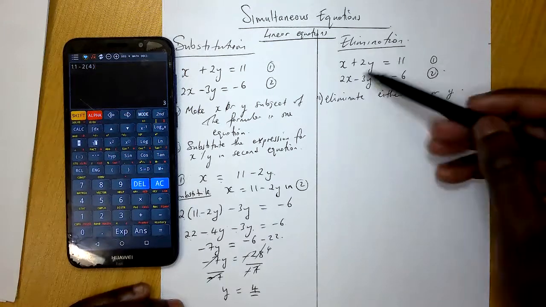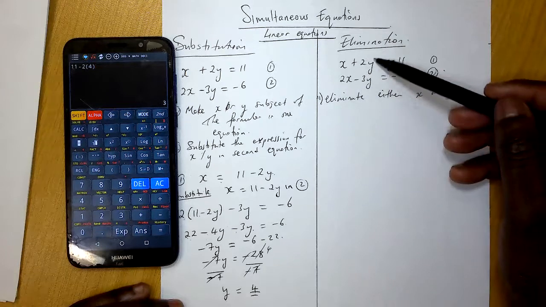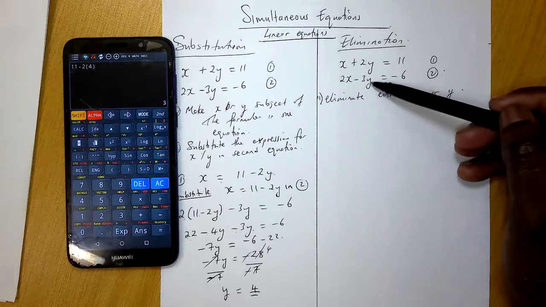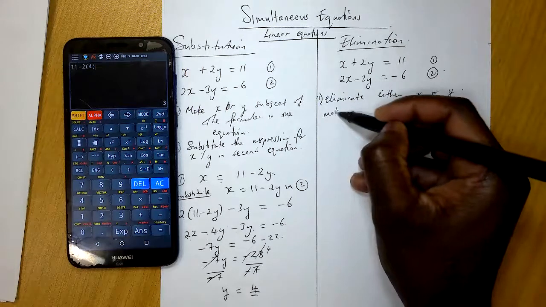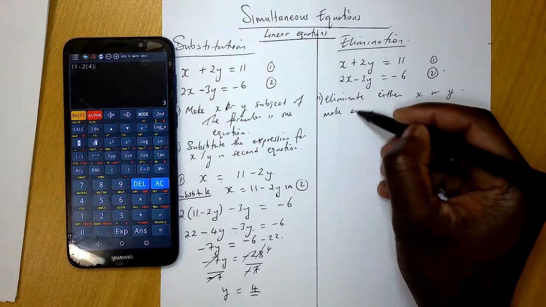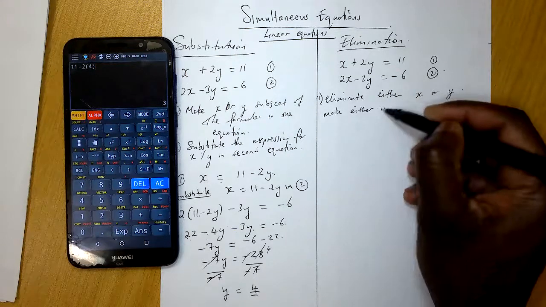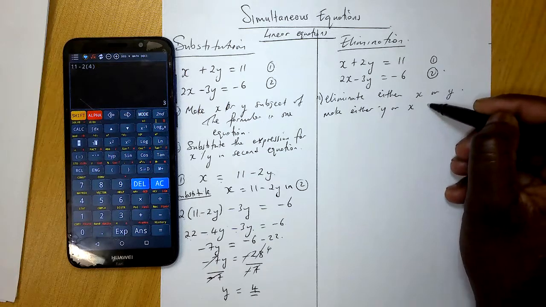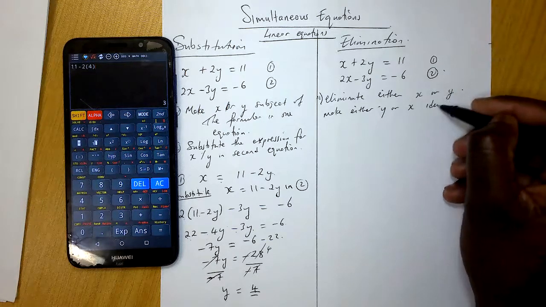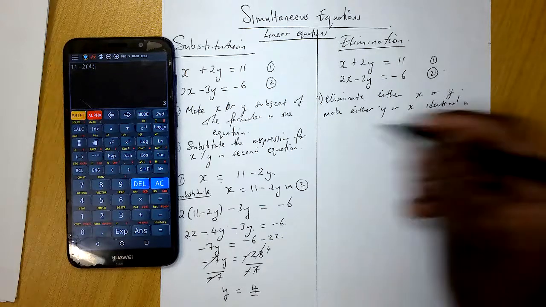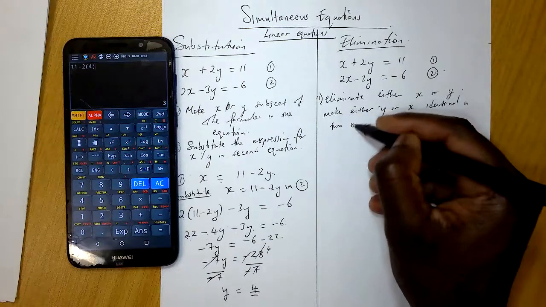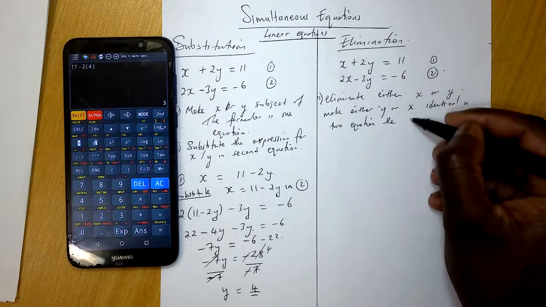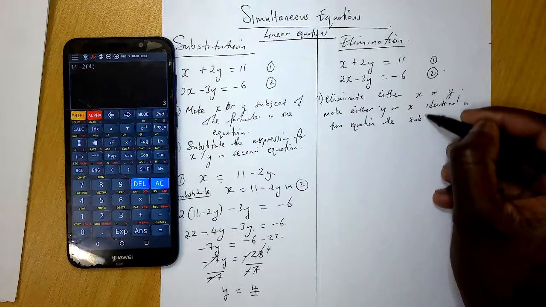The first thing is to make either y or x identical in the two equations. Then subtract.